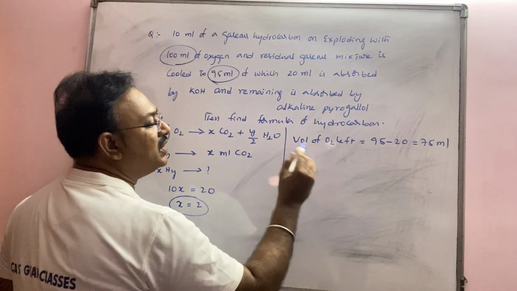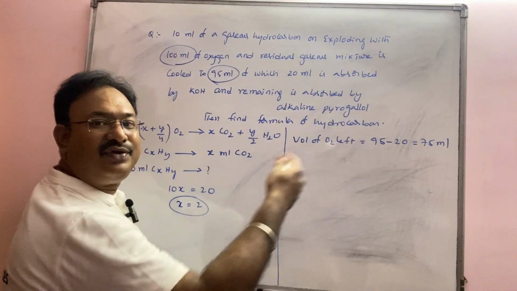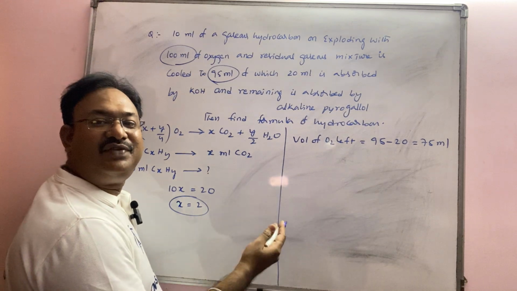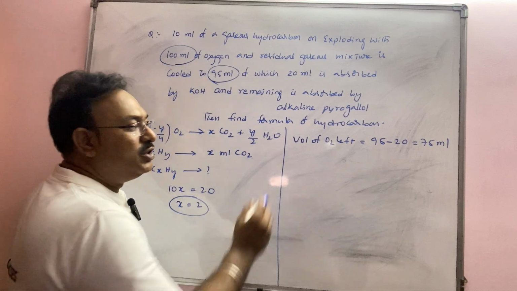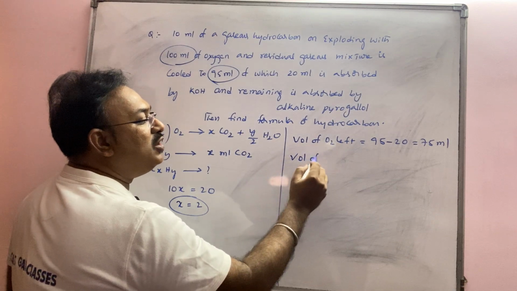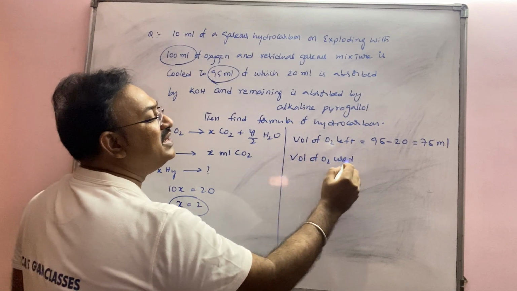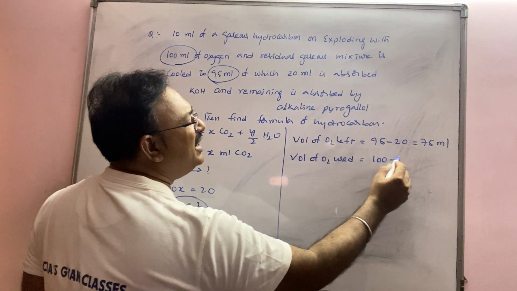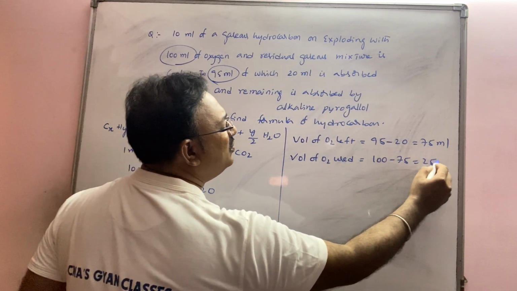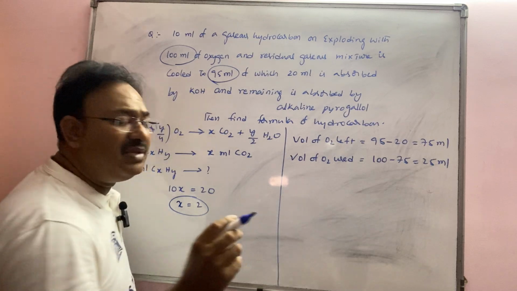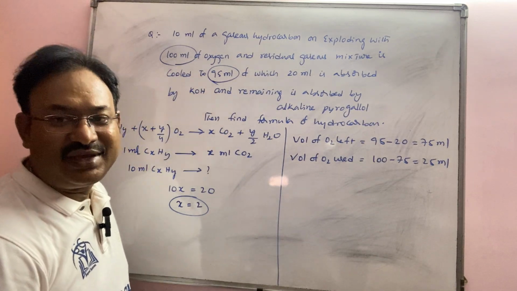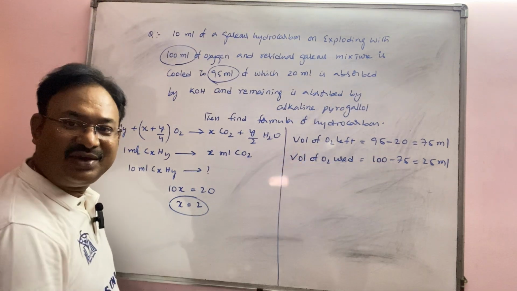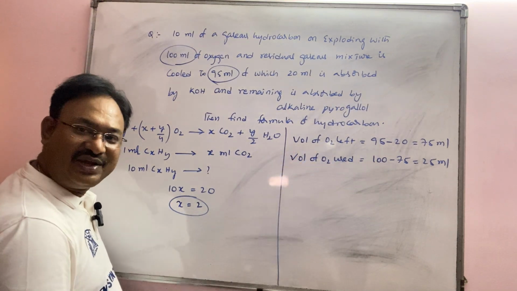This 75 ml leftover oxygen is absorbed by alkaline pyrogallol. Therefore, the volume of O2 used is 100 minus 75, that is 25 ml. So out of 100 ml taken, only 25 ml is used. Now with this we can solve the rest of the question and find the y value.